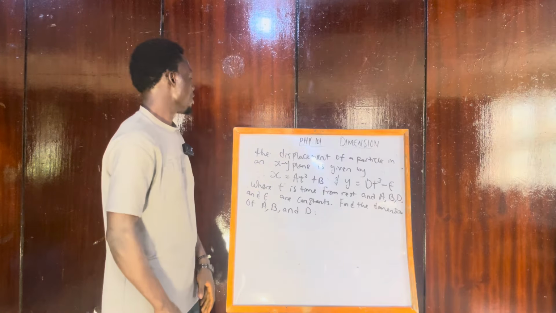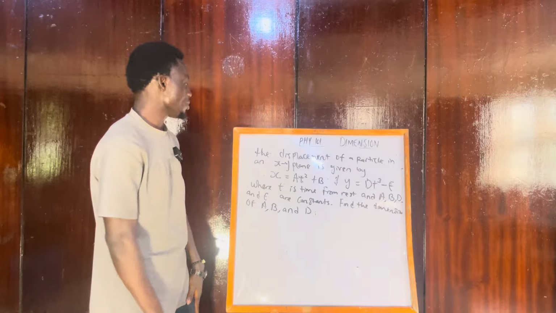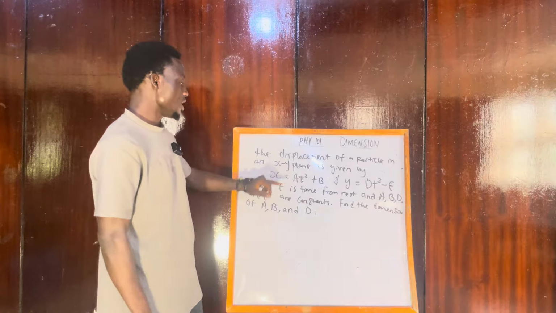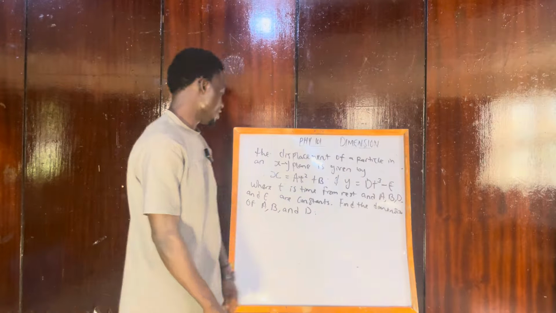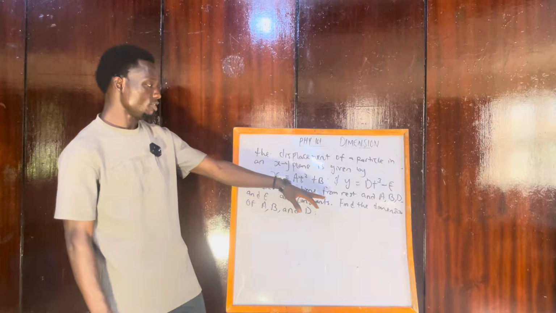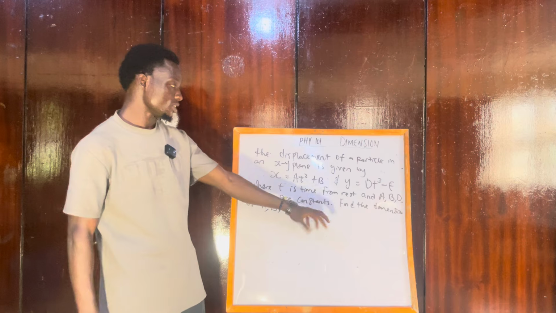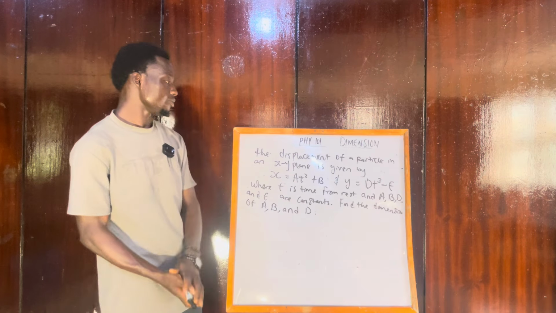So is that clear? Now, for this question, the displacement of a particle in an xy plane is given by x equals at squared plus b and y equals dt cubed minus e, where t is time from rest and a, b, d and e are constants. Now find the dimension of a, b and d.